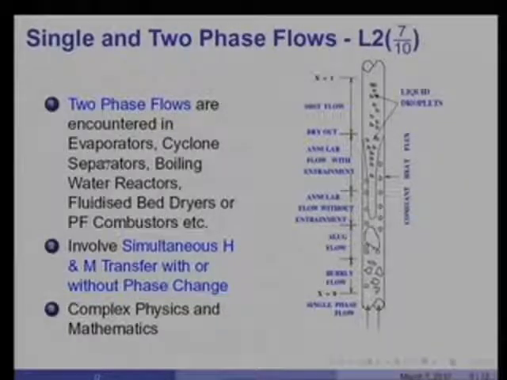You have situations of cyclone separators, evaporators, boiling water reactors, fluidized bed dryers. All these are situations involving simultaneous heat and mass transfer with or without phase change. Extremely complex physics and mathematics are involved, whereas in single phase flows, the physics is relatively much simpler.